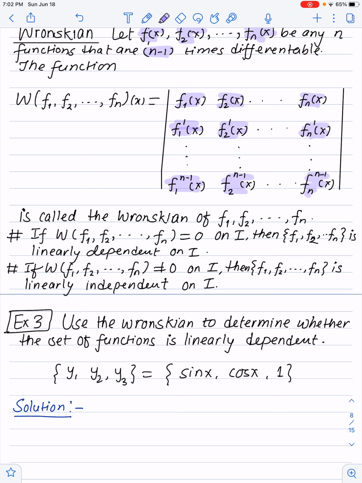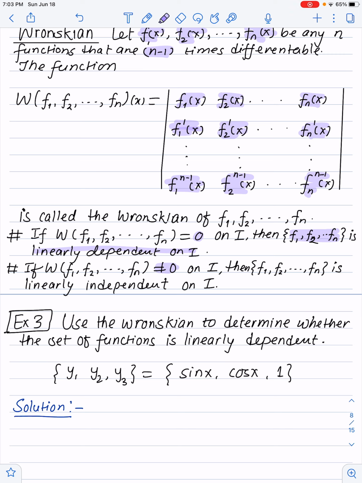This is called the Wronskian of f1, f2, fn. If the Wronskian is equal to 0 on that interval, then we say that f1, f2, fn are linearly dependent. If it is not equal to 0, then we say that f1, f2, fn are linearly independent on that interval.